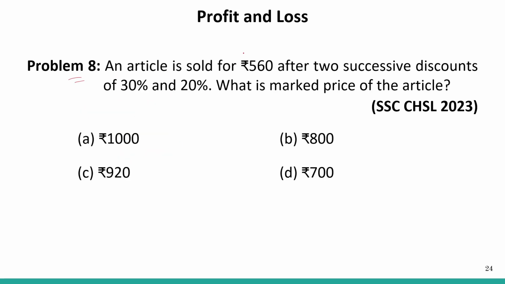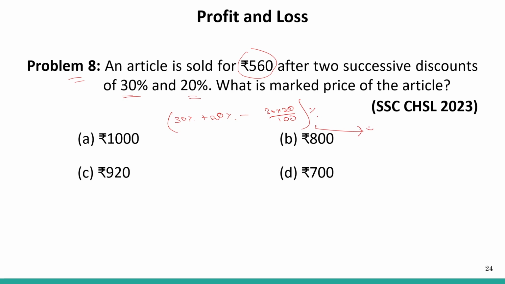An article is sold for 560 rupees after two successive discounts of 30% and 20%. Then what is the mark price of the article? Okay, so we know that the equivalent percentage of two successive discounts will be what? 30% plus 20% minus 30 into 20 by 100. This much percent will be the equivalent percent, right?